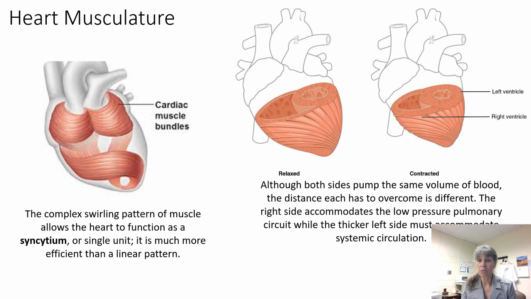Now, even though both sides of the heart are going to pump the same volume of blood, the distance that has to be traveled systemically is much farther. So the left side of the heart, which is where the left ventricle is located and has to pump fresh oxygenated blood throughout the body, is going to be thicker than the right ventricle simply because the left ventricle has to generate more pressure in order to get the blood to travel farther.